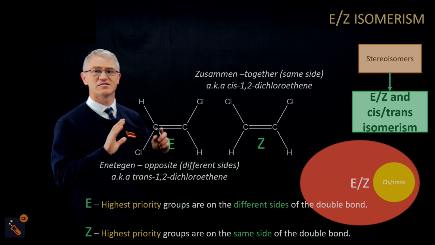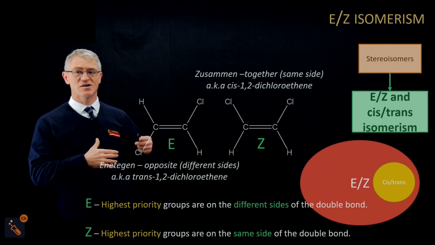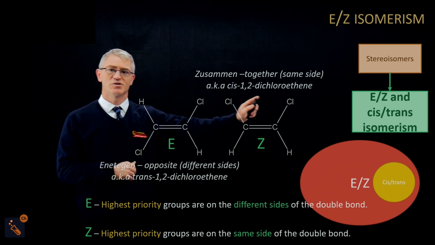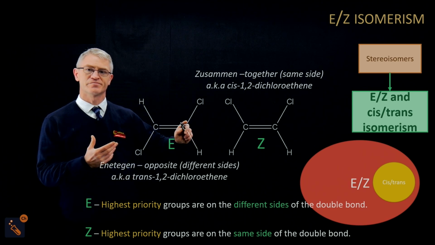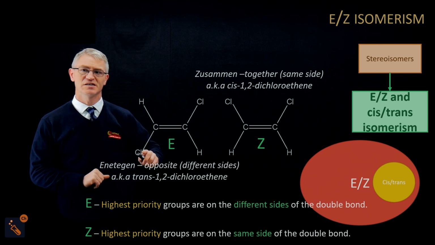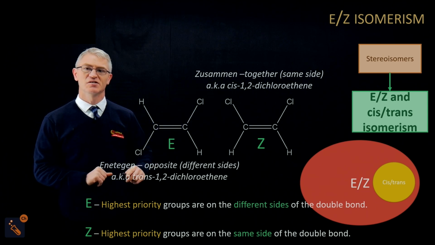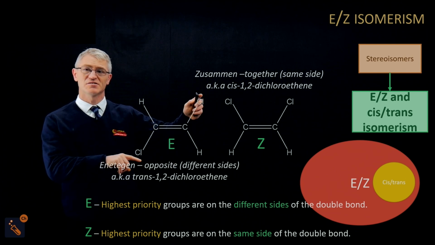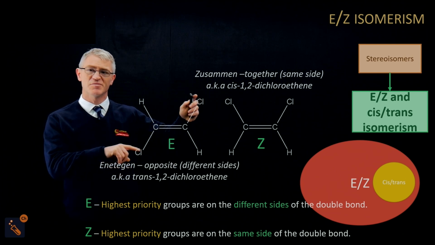Now, if we look at this, and if I just tell you for now, before we go on how to identify it, these are the highest priority groups, the two chlorines. And they're the highest priority groups. So you can see here, the chlorine here and the chlorine here is on different sides. Because it's on different sides of the double bond, that means basically that we've got an E isomer.